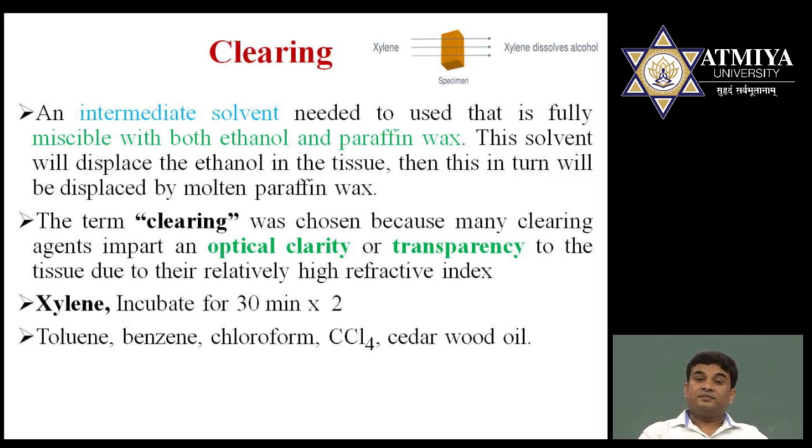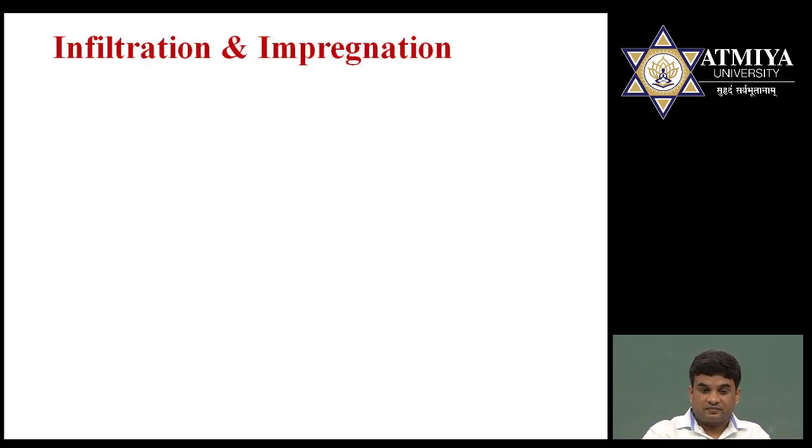It also helps in knowing the end point of the dehydration, because if dehydration is not done properly, you will not get the tissue properly transparent. So it is a very important step. Other than xylene, you can use benzene, chloroform, or other reagents as a clearing reagent.